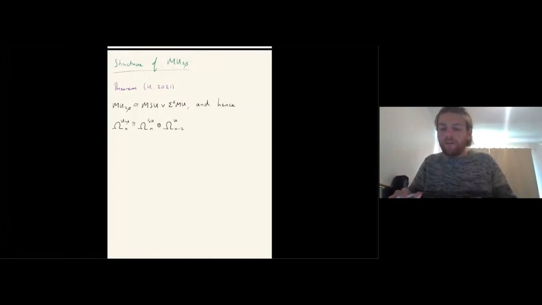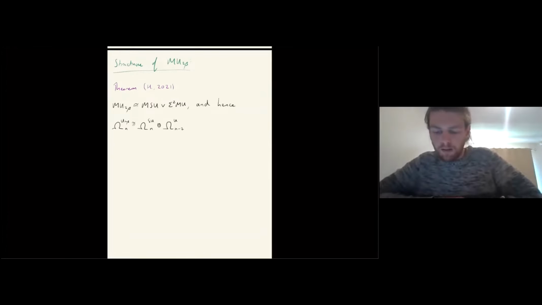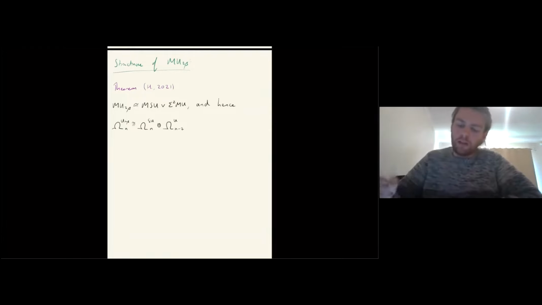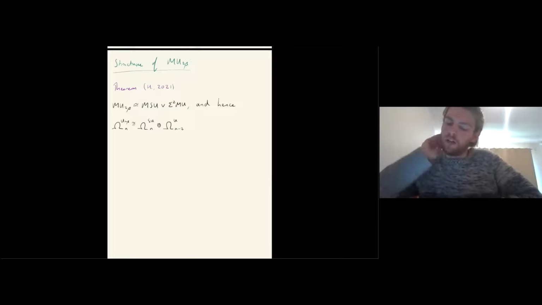And then for the even case, it's a bit more complicated. MU(2β) turns out to be homotopy equivalent to the wedge of MSU, the Thom spectrum for SU, wedged with the double suspension of MU, the complex Thom spectrum.